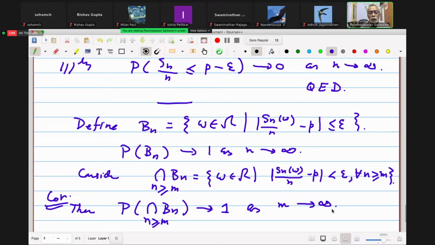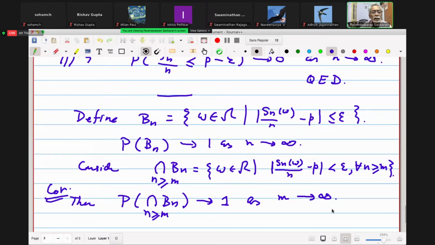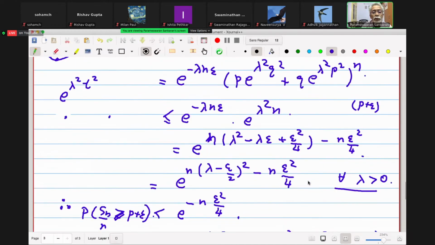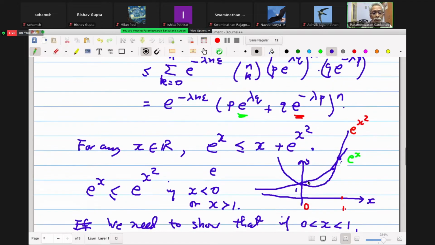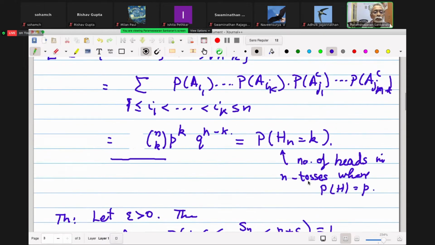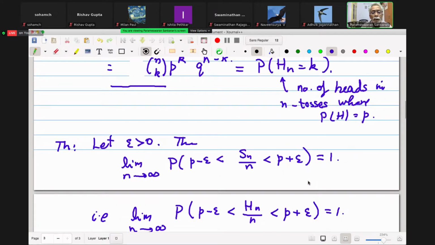So this is a much stronger statement, because Bn may be large, but if you take the intersection of all these Bn's, that may become smaller and smaller. In terms of intuitive understanding, go back to the statement of the theorem. The theorem is written here. If you look at the average value, that goes to 1 as n goes to infinity.